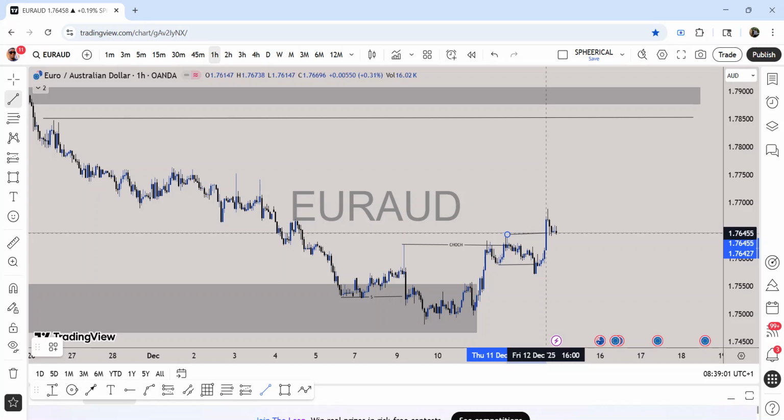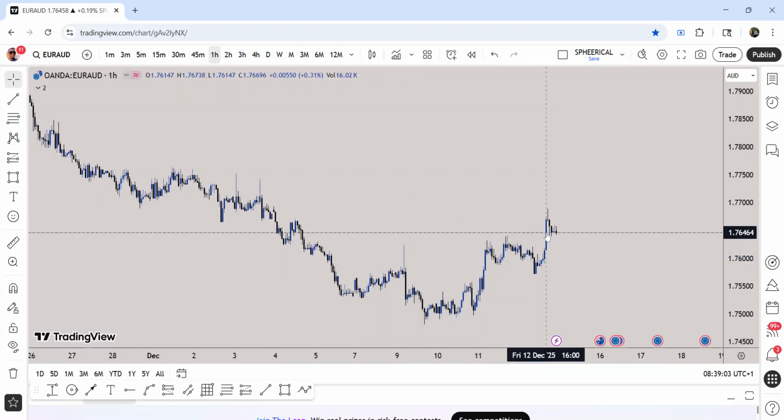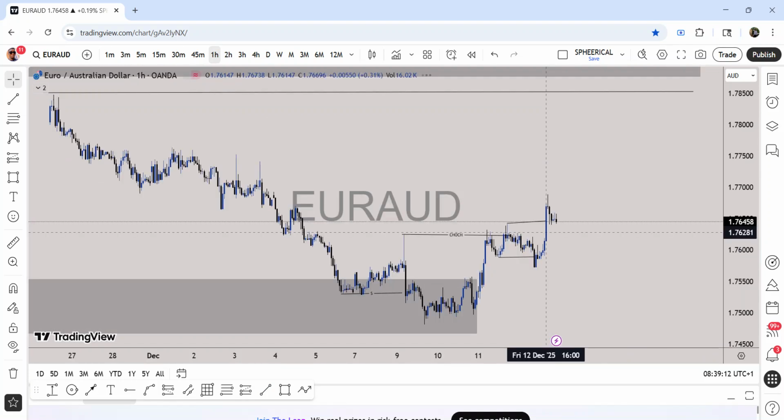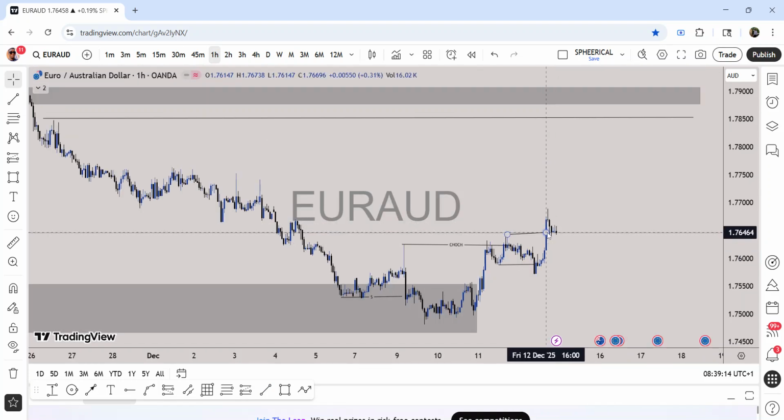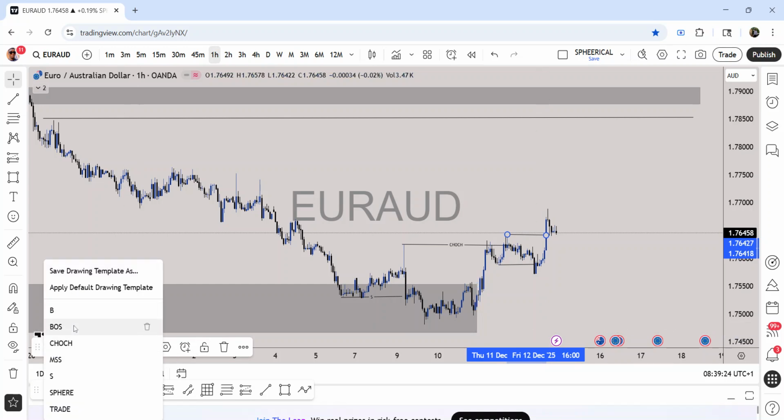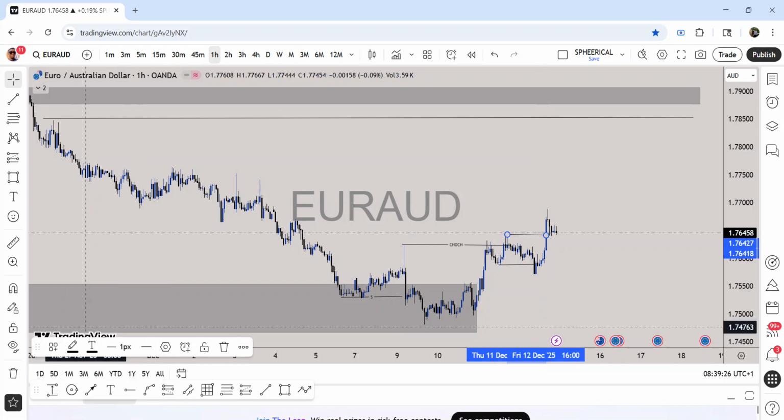So here is the break of structure, and the market has actually come back to it, and has already broken it and is about to retest.